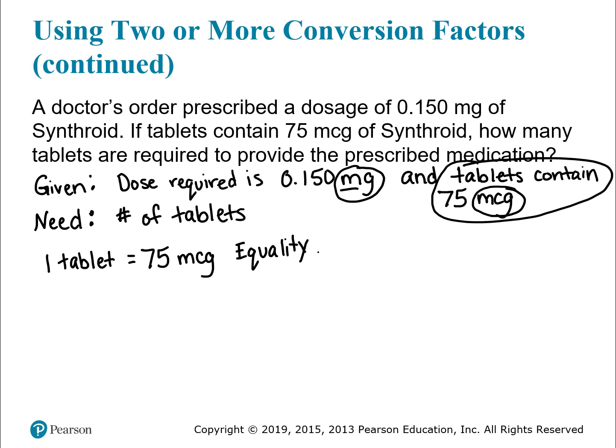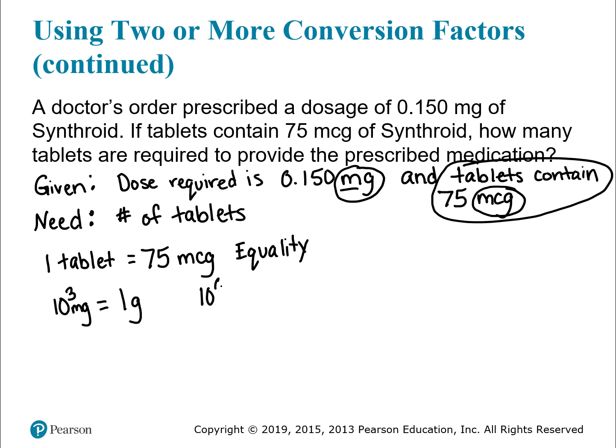But how do we relate micrograms and milligrams? Well, thankfully they're both grams, so that means that we can go from one to the other. We know that 10 to the third milligrams is equal to 1 gram, and that's from the table.